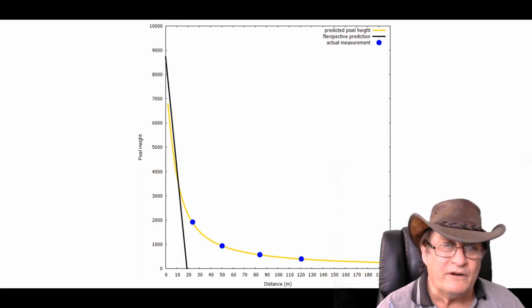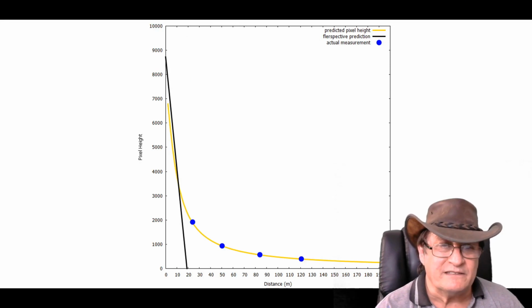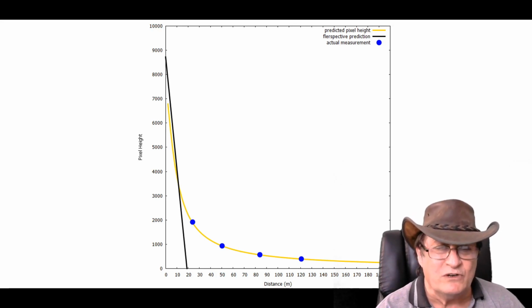And have a look at this. When I plot the number of pixels that the pole is high to the light, so the number of pixels between the light and the bottom of the pole in a vertical direction, and then plot it against what we really expect from perspective on a flat plane, guess what? The actual measurement agrees with the way that perspective actually works.